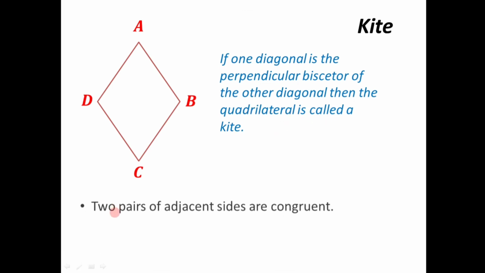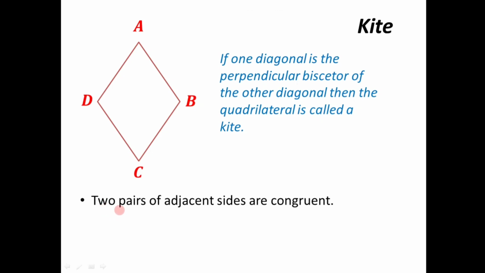Now the first property of a kite is that two pairs of adjacent sides of a kite are congruent. So here adjacent sides are AB and AD. So here AB is congruent to AD. There is another pair of adjacent sides, that is BC and DC. This is also congruent. So these two pairs of adjacent sides are congruent.